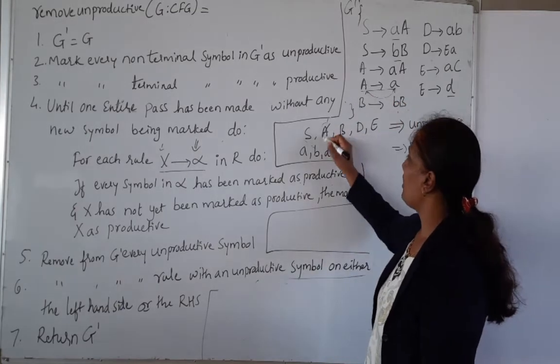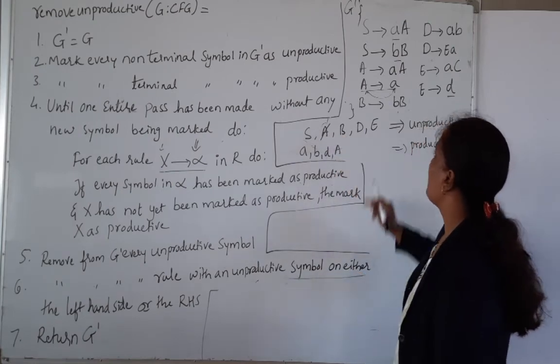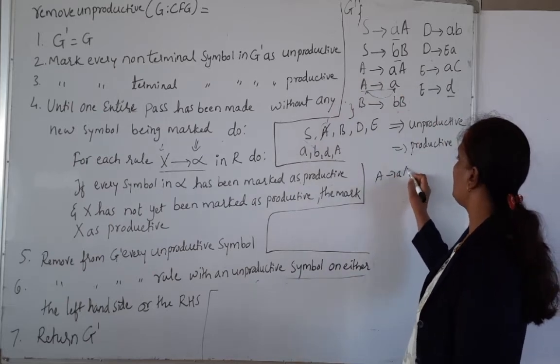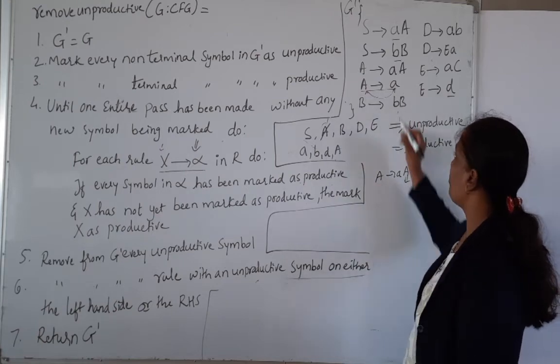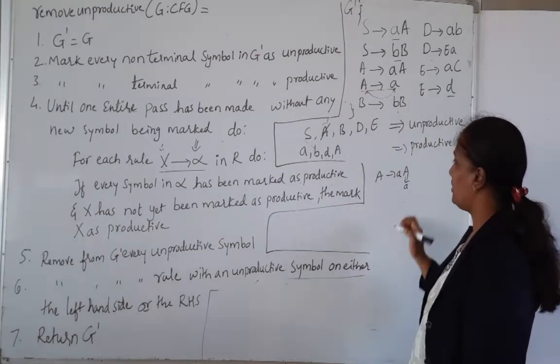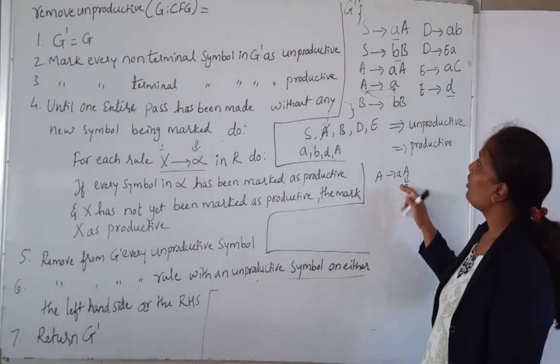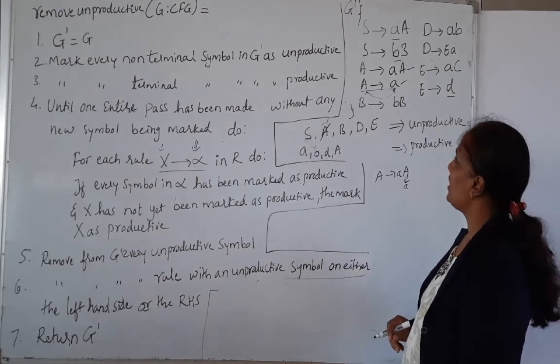So I will remove A from this list and mark it as productive. Consider the other production of A, A produces AA. Substituting a for A, A produces aa, where a is a productive symbol. So these rules are okay with the grammar G dash.